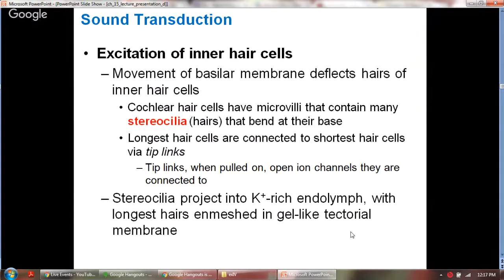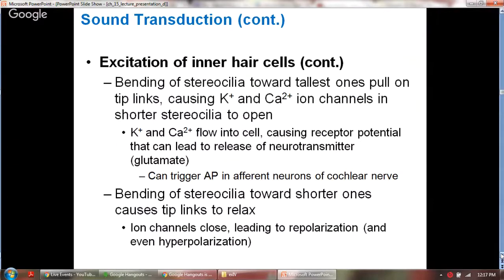The stereocilia project into potassium-rich endolymph, with the longest hairs enmeshed in the gel-like tectorial membrane. Bending of the stereocilia toward the tallest ones pulls on the tip links, and they cause the potassium and calcium ion channels in the shorter stereocilia to open.